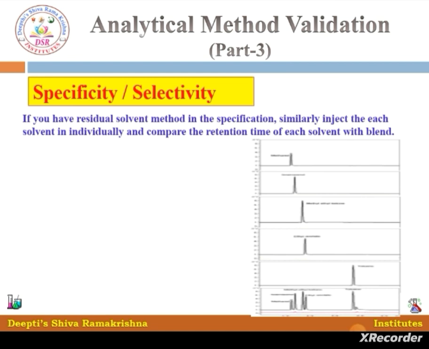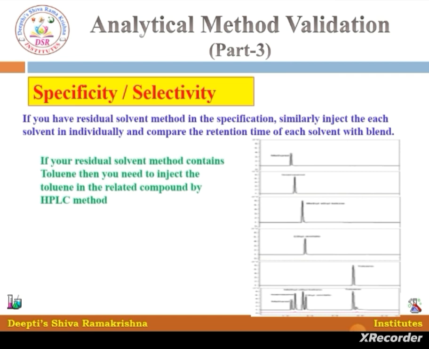individual solvents. Here we cannot check the peak purity of any of the solvents, since gas chromatography does not have any spectrum or any nanometers. Hence, in residual solvents, specificity can be proved by retention time variations only.